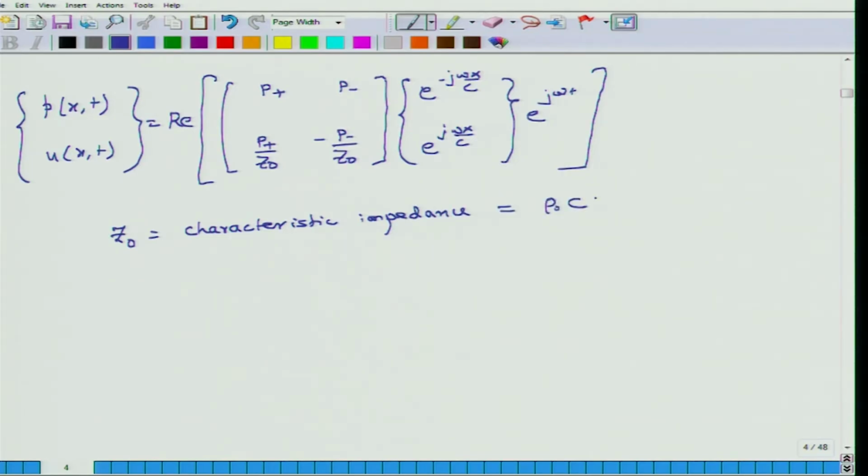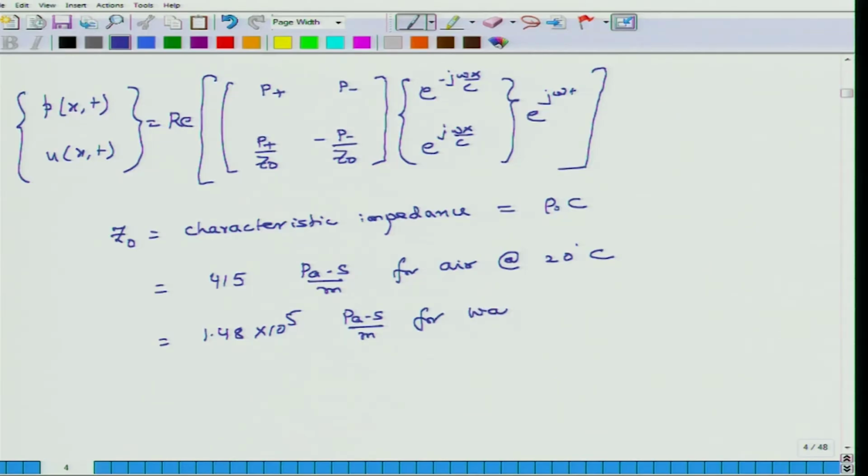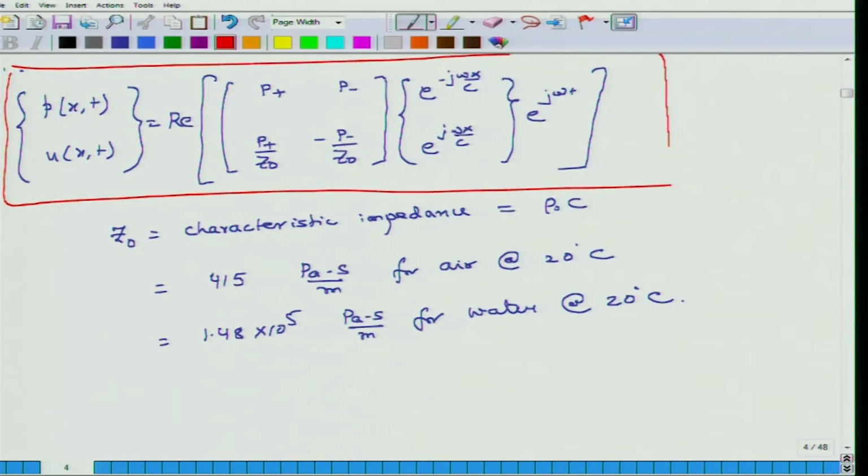It equals rho naught c, and the value is 415 Pascal second per meter for air at 20 degrees C, and 1.48 times 10 to the power of 5 Pascal second per meter for water at 20 degrees C. So these are my final forms of the transmission line equations for P of x and t and U of x and t.